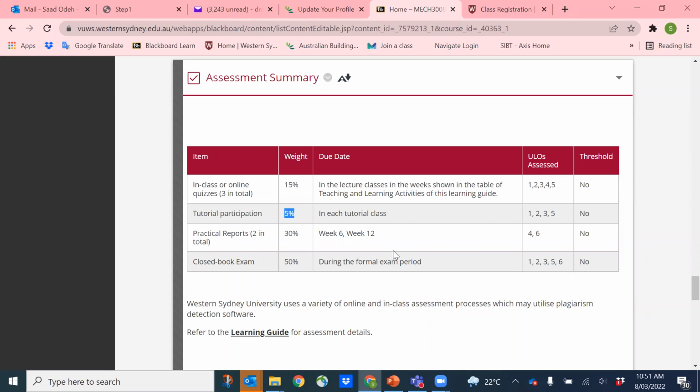So as you can see, it's not hard to pass this unit, but you need to attend the classes so you can at least understand the content. Because you'll see later on, there are so many things, so many equations, so many principles.